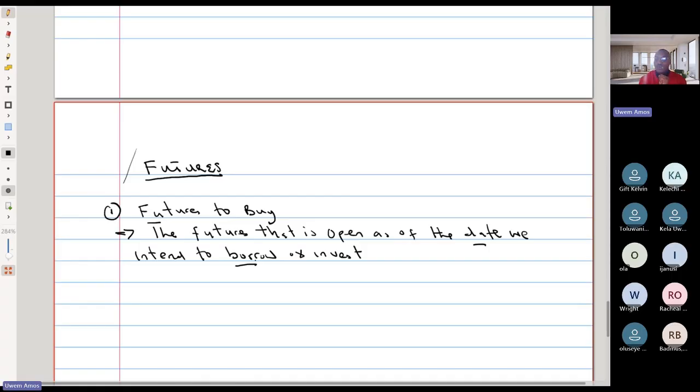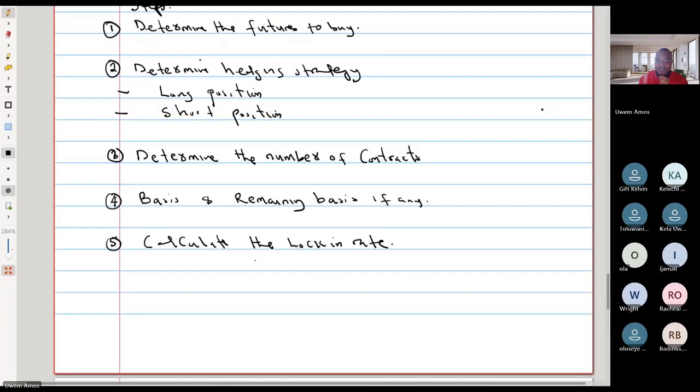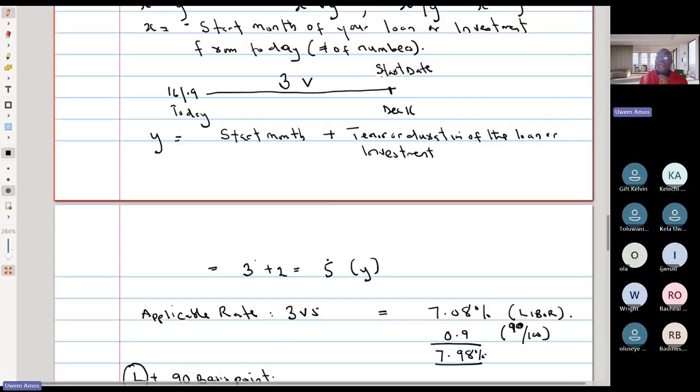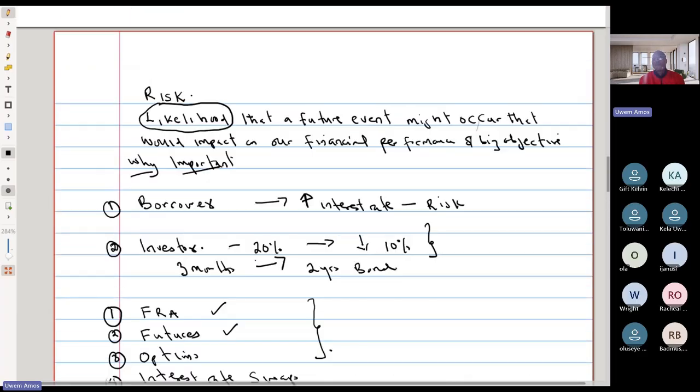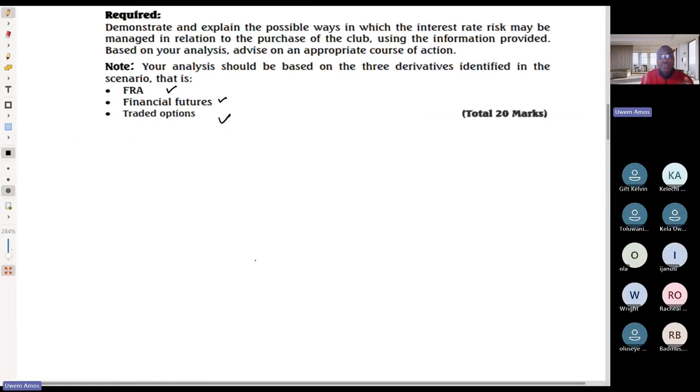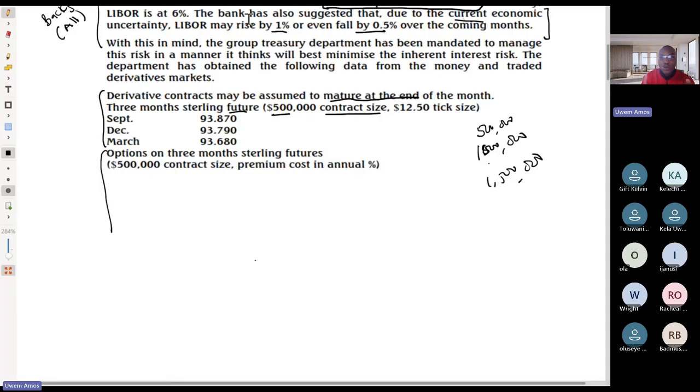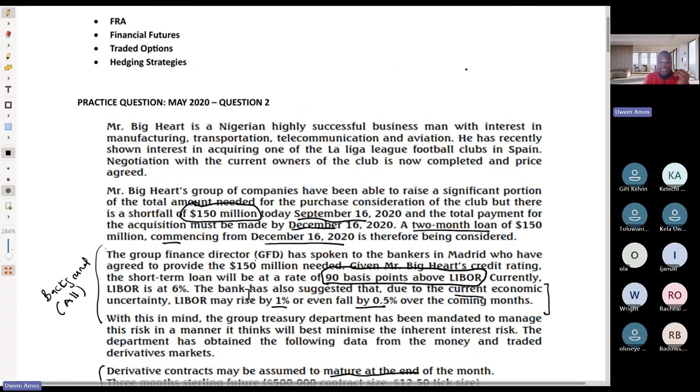Okay, so let's go and look at when Mr. Big Heart wants to borrow. Let's remind ourselves, maybe for those that just joined the class. The detail is right here. I'm reading this line.